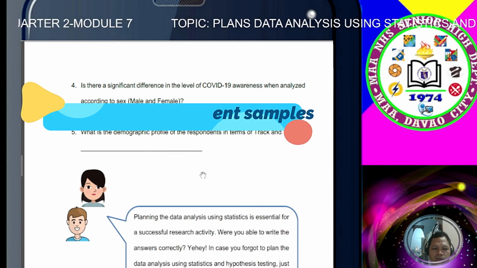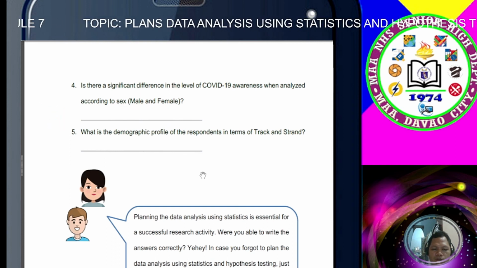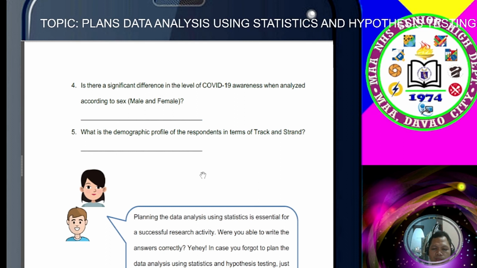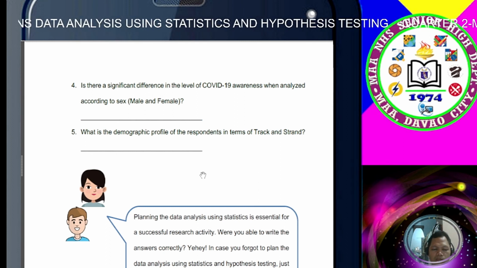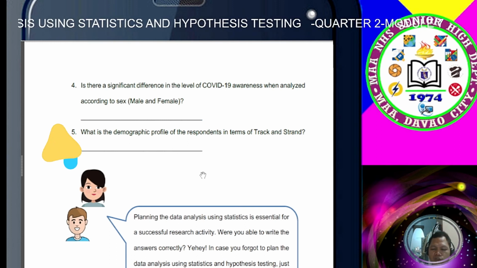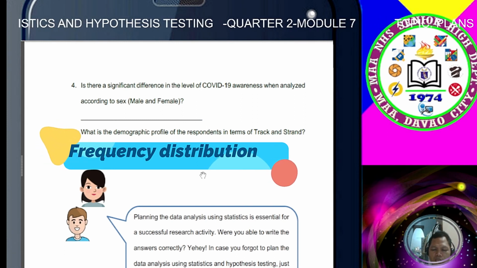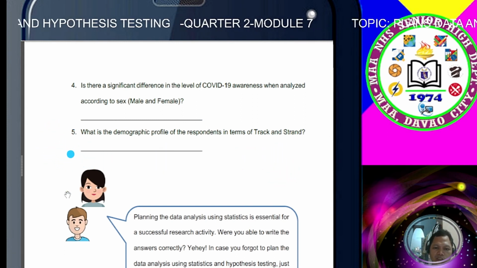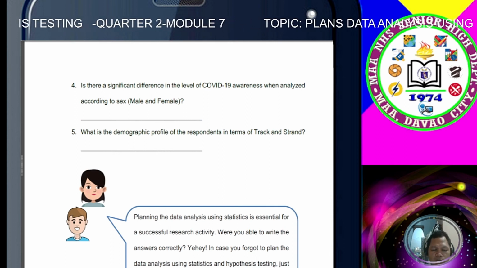Next, number 5. What is the demographic profile of the respondents in terms of track and strand? The correct answer is we'll use only the frequency distribution. So I hope you got all the answers in our exercise.